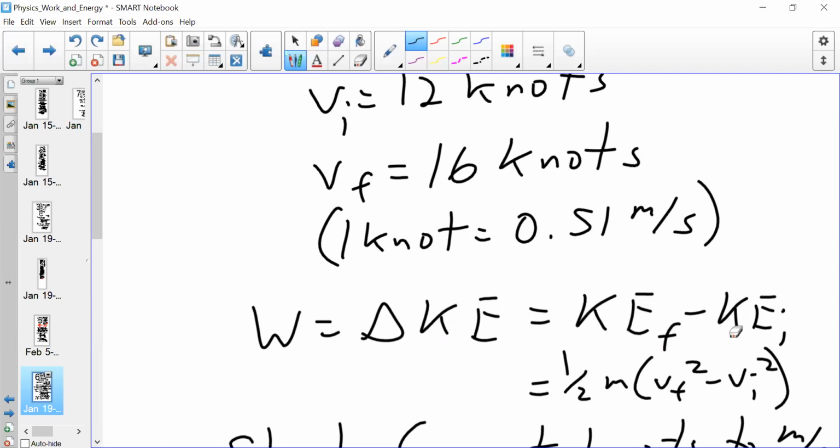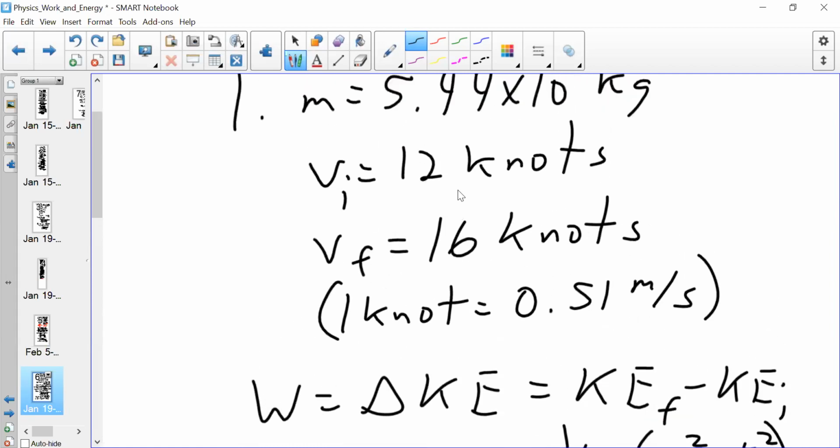In this case, final kinetic energy minus initial kinetic energy equals 1/2 mass times final velocity squared minus initial velocity squared. So we have our initial and final velocities, but we need to convert them into meters per second because that's our common unit of velocity.